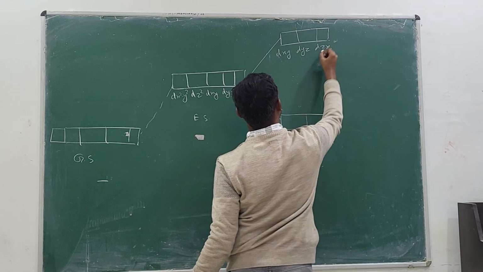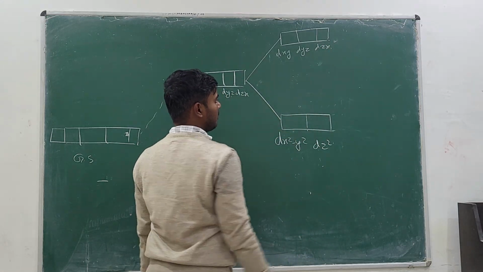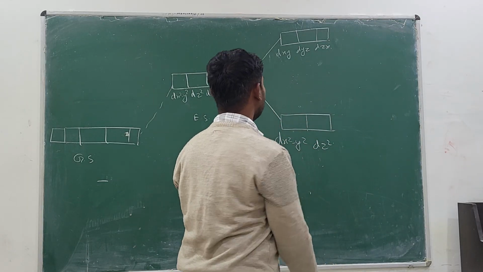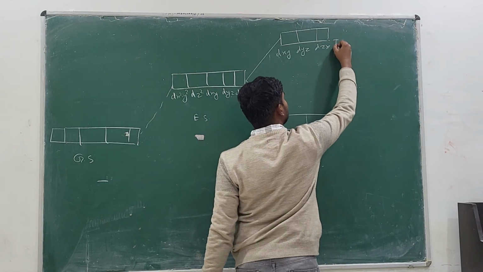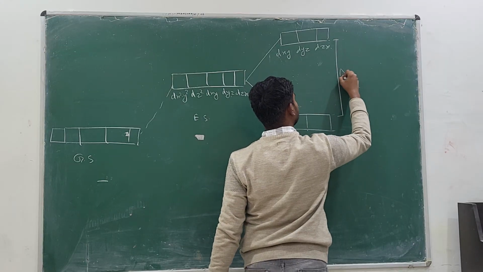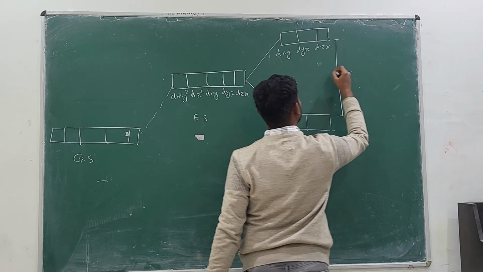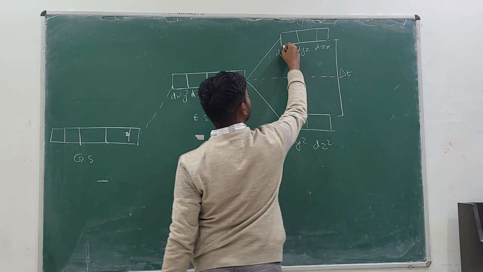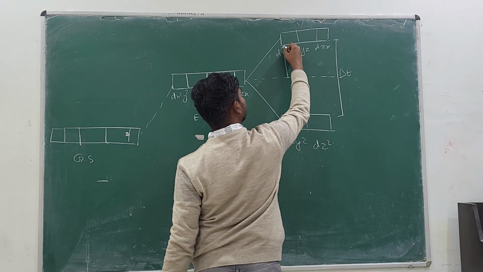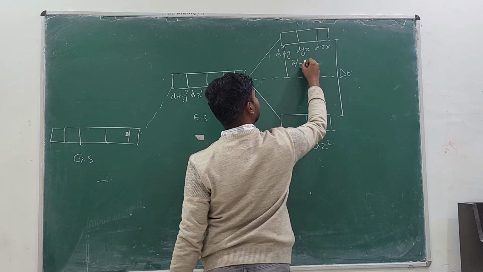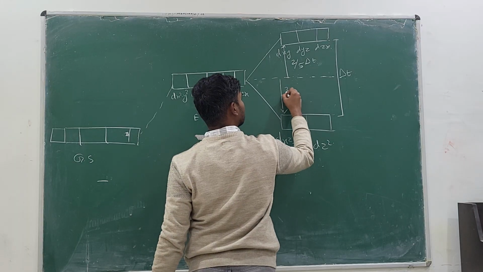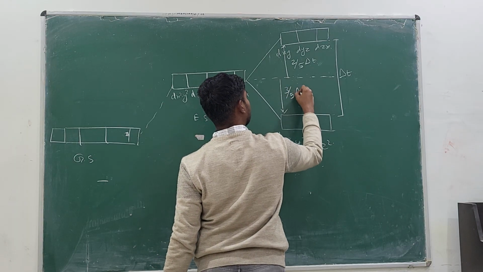This splitting energy is called delta T. This energy is 2 by 5 delta T, and this energy is 3 by 5 delta T.